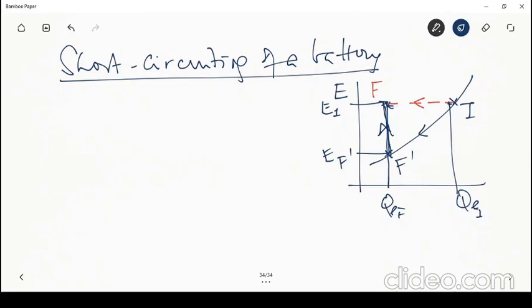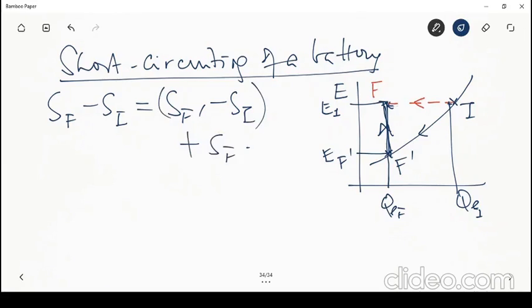So in order to calculate then SF minus SI, which is the entropy change for the irreversible process, we calculate it through the process of SI to SF prime and SF, so I to F prime and F prime to F. So it will be SF prime minus SI, this is the first process, plus SF minus SF prime.